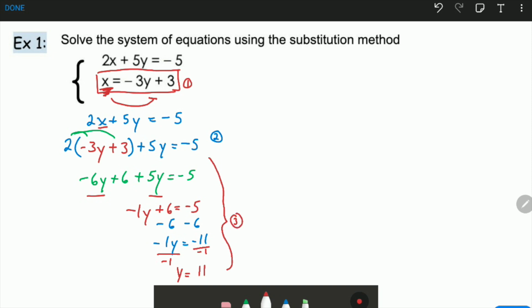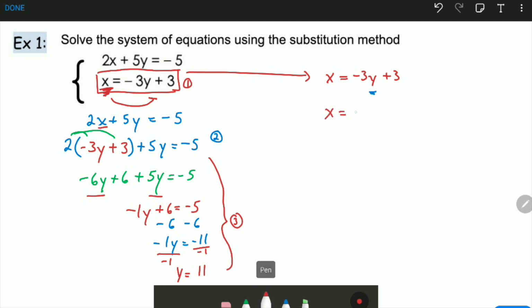The last step we need to do is take our 11 and plug it back into one of our equations. It doesn't matter which one we use. I usually use the one that I put in the box earlier. So x equals -3y plus 3. I'm going to replace y with 11.